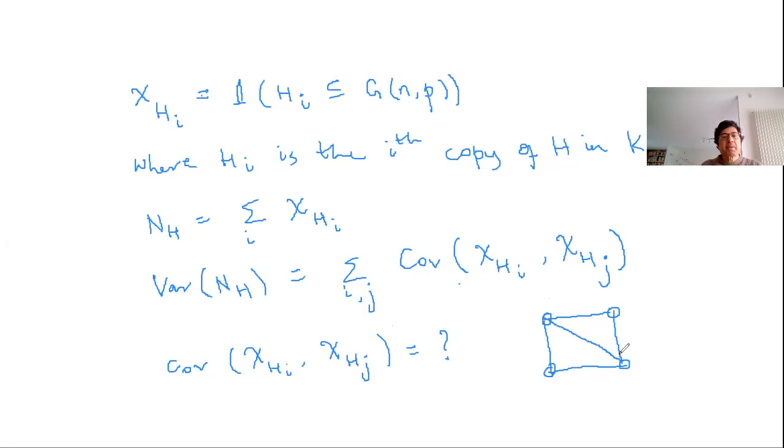So keep this example in mind. The statements I will make are general, but I'll also illustrate the ideas with this example so that the arguments are easier to follow. Okay, so let's calculate this covariance for different possible instantiations of these copies H_i and H_j.